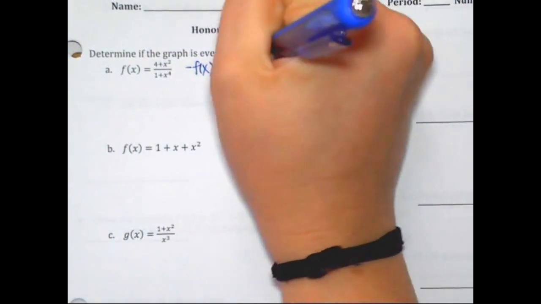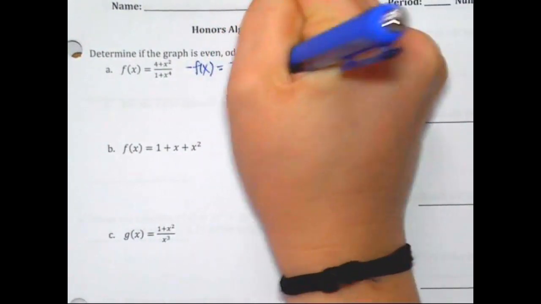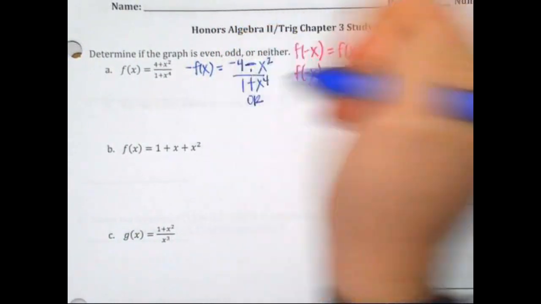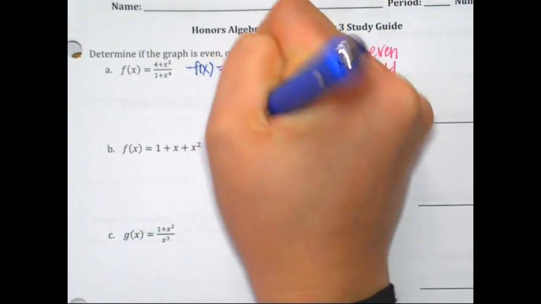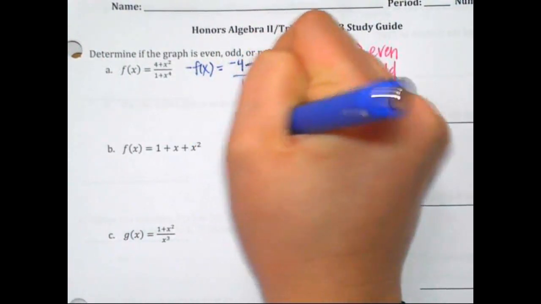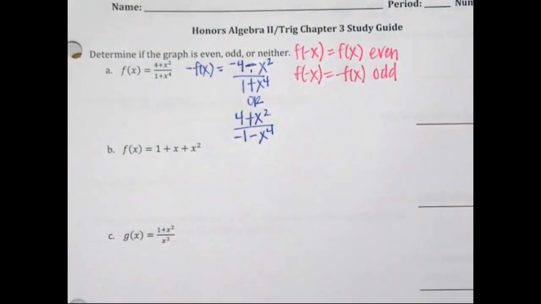So it'd be minus x squared over 1 plus x to the 4th. Or it can be the bottom too, so 4 plus x squared, and then everything in the bottom would be negative. So it could be one or the other, and that's where fractions are tricky, because it could be odd if it was multiplied on the top or multiplied on the bottom.